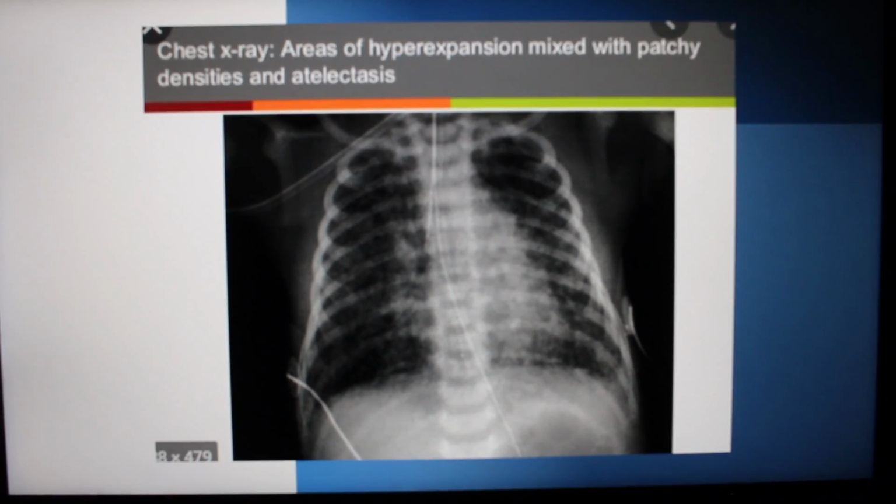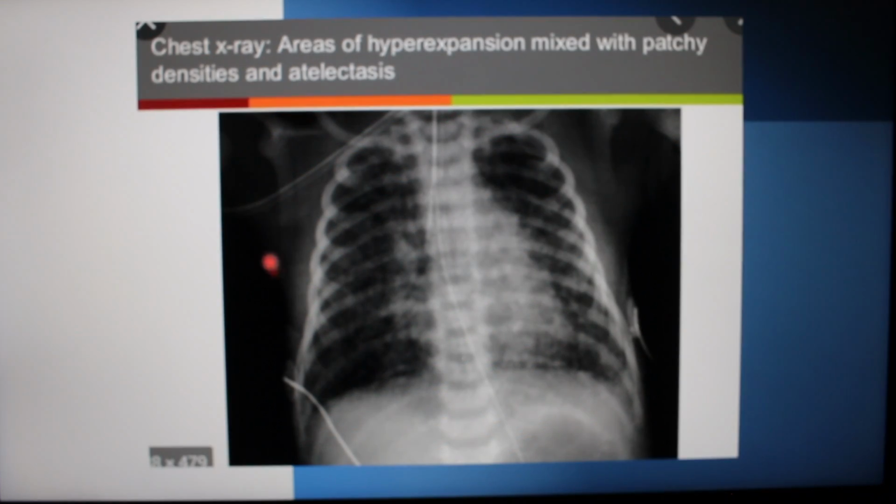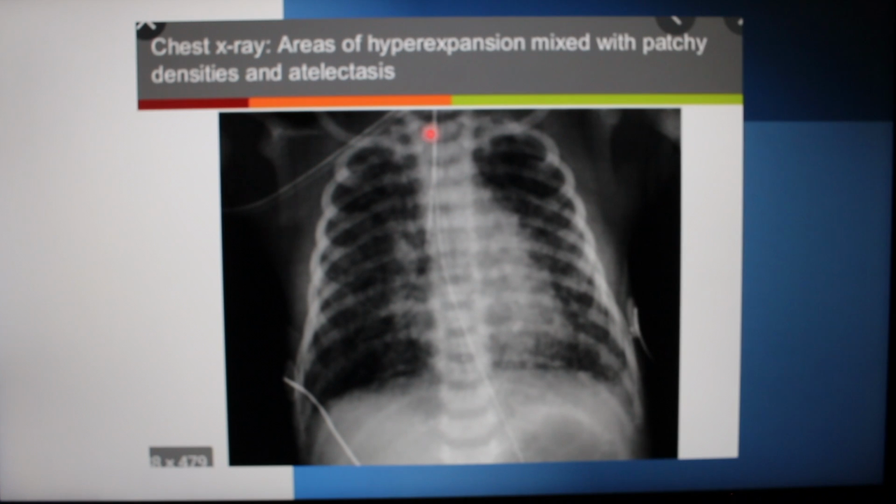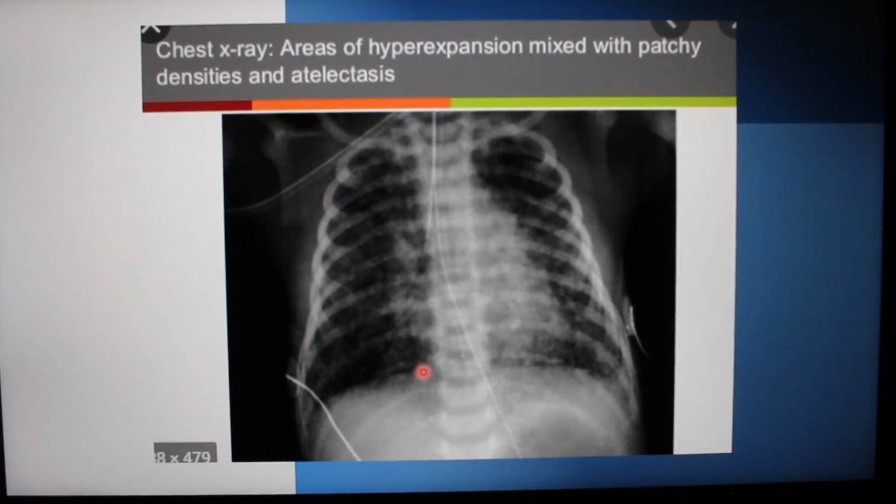So now here we have what we call patchy infiltrates. You can look at this X-ray. This looks like a baby who has bad chronic lung disease. He's overinflated. Let's count his ribs. 1, 2, 3, 4, 5, 6, 7, 8, 9, 10. His diaphragms are pretty flat.